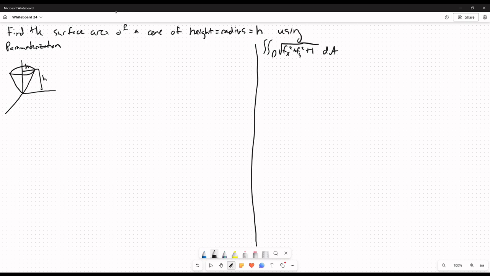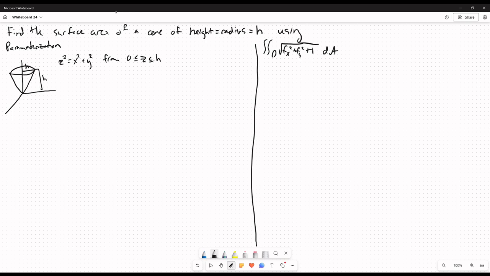What you will see if you are careful is that this is given by, basically just looking at the cone, z squared equals x squared plus y squared, from 0 to z equals h.